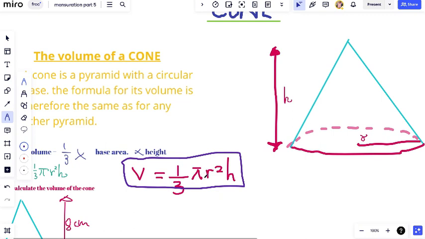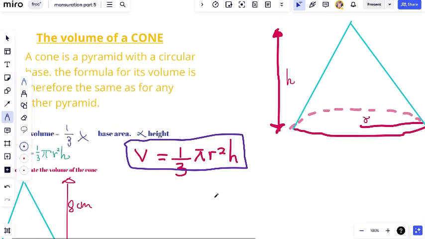In a pyramid, the base area could be a rectangle, a pentagon, any quadrilateral, even a trapezium, or a hexagon. So the base area is not fixed. But in the case of a cone, the base area is fixed to be pi r squared. Then we multiply by h: 1/3 times the base area times height.